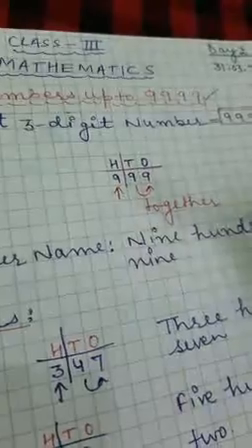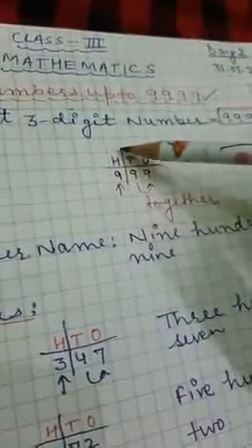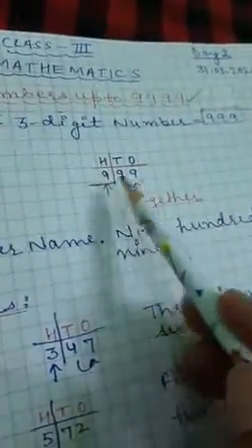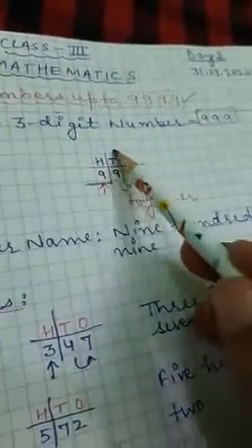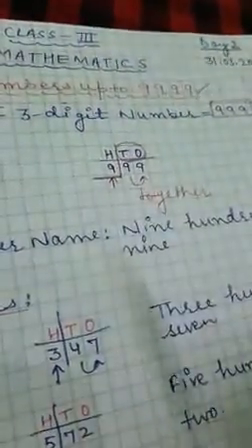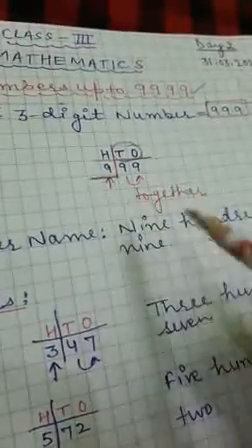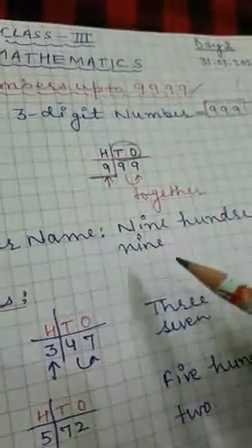And how do we write it? We divide this number into two parts. The first part contains the hundreds part, and the second part contains the tens and ones together, right? We always read the tens part and the ones part together.